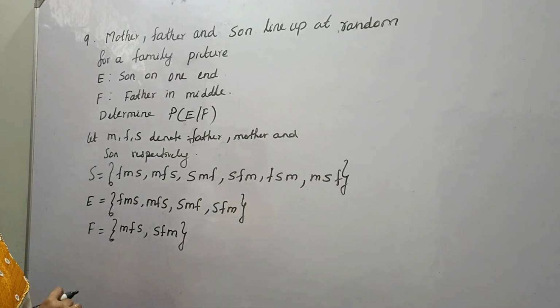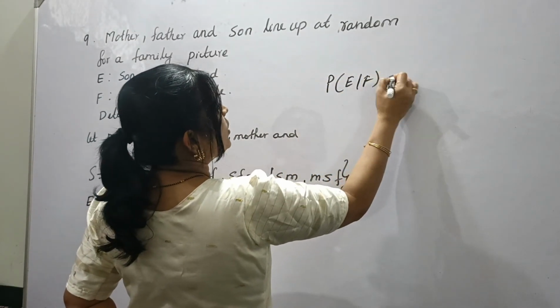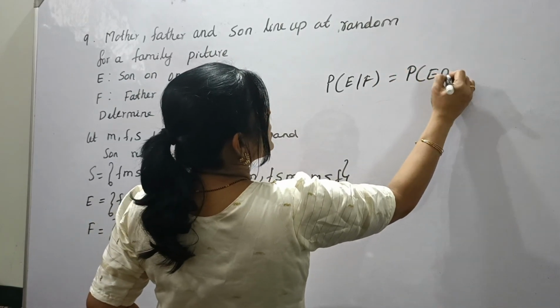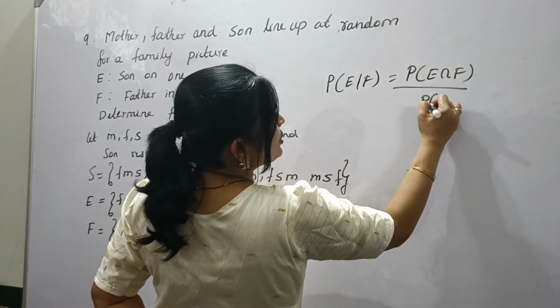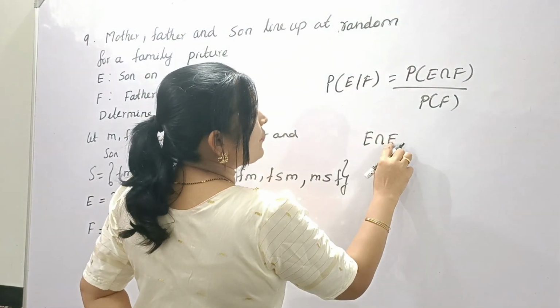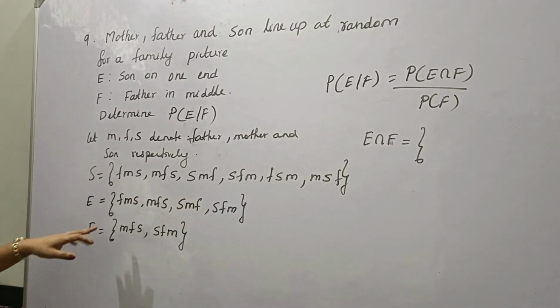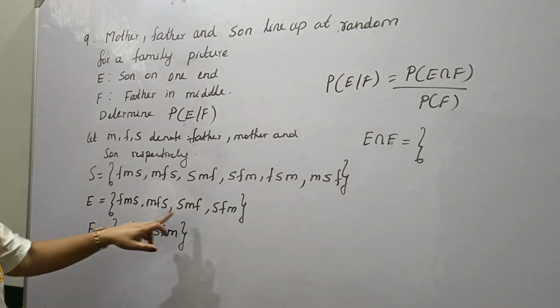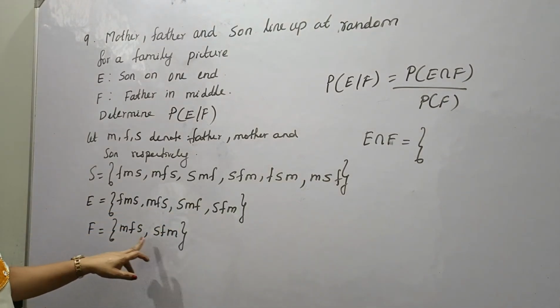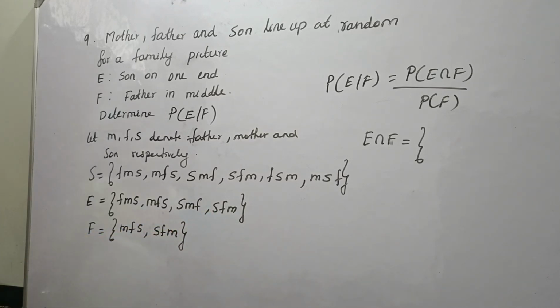Next, we have to find probability of E given F. Probability of E given F is equal to probability of E intersection F divided by probability of F. Right? Now, what is E intersection F? What are the common elements? Two elements are the common elements, right?